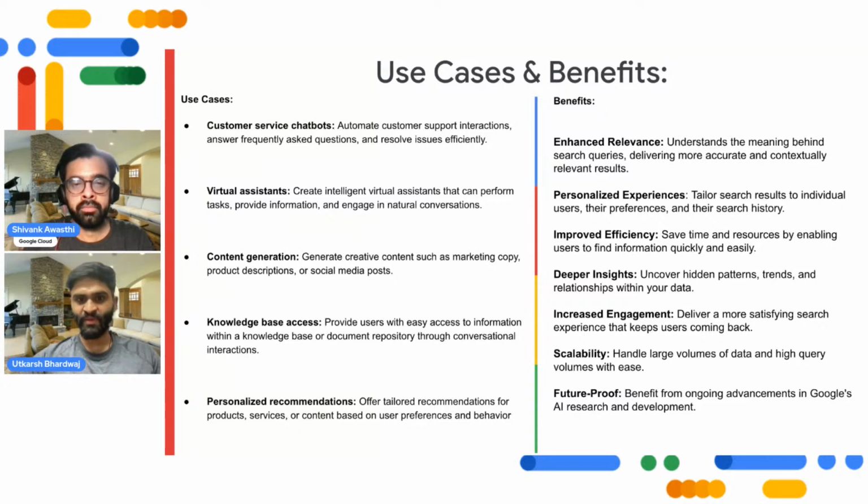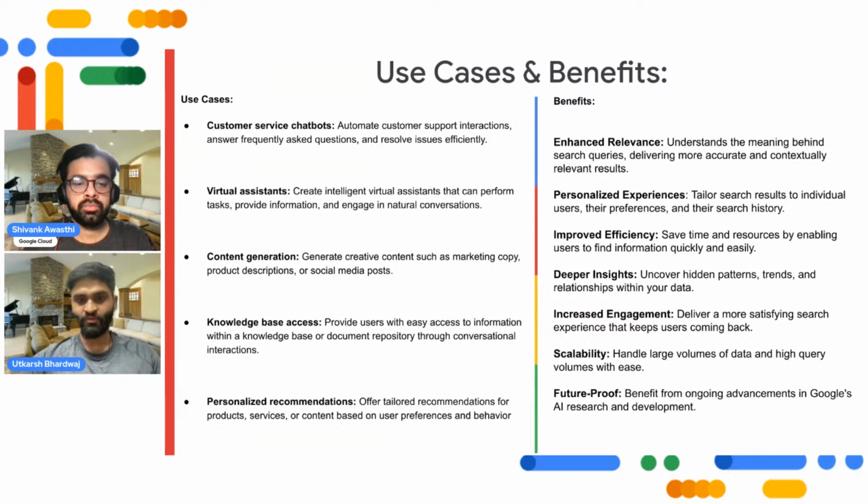It understands the meaning behind search queries, delivering more accurate and contextually relevant results. Then comes personalized experiences. Tailor search results to individual users, their preferences, and their search history. It also includes improved efficiency. You can save time and resources by enabling users to find information quickly and more easily.